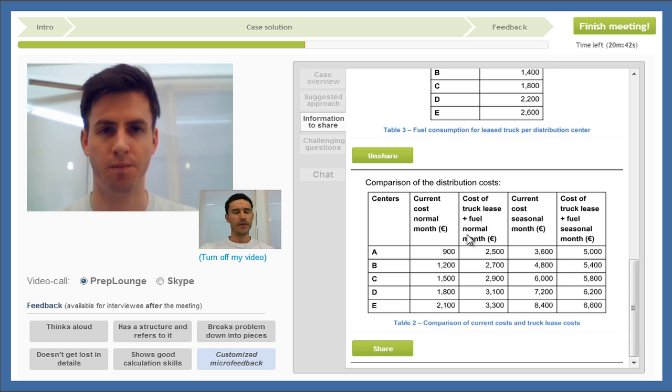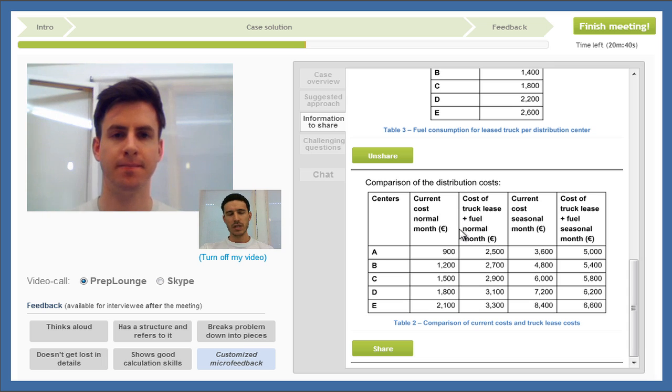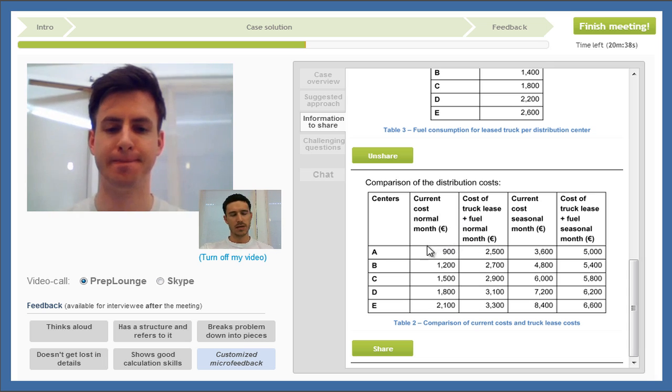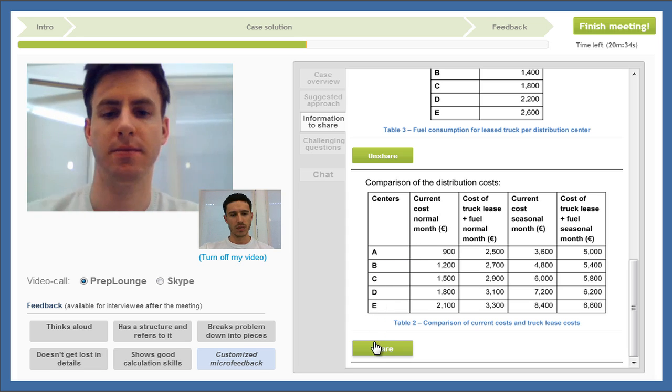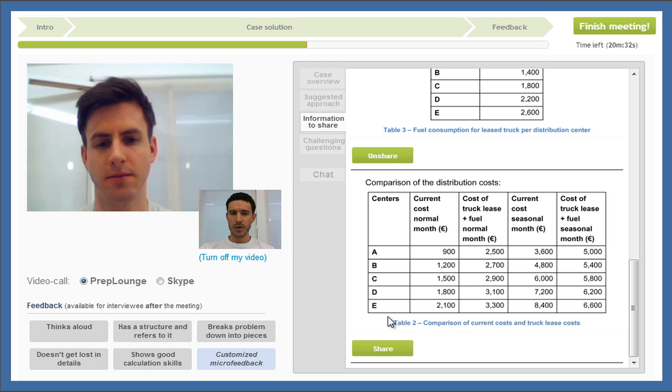So overall, if we had to choose only to insource or to do that ourselves, it would be more expensive than the current outsourcing. But remember that there are 5 different distribution centers, and each of them has a different cost. What you did was the average. So of course, if you do the same solution for all centers, the average is a good way of comparing the prices. But let me share with you now a table.